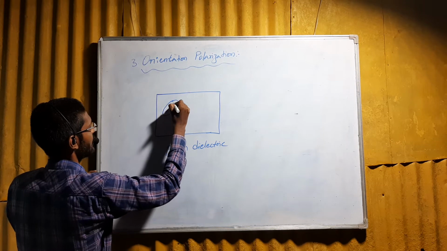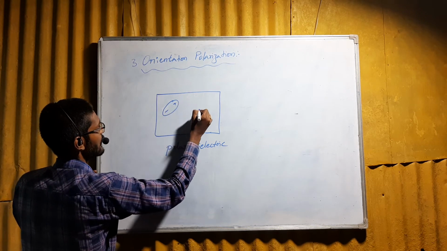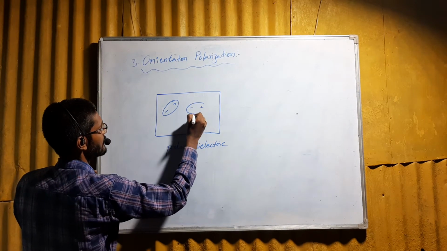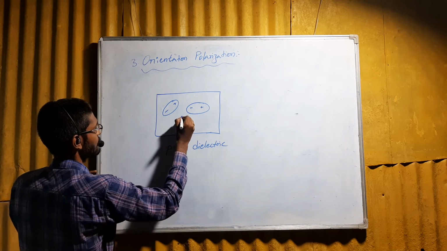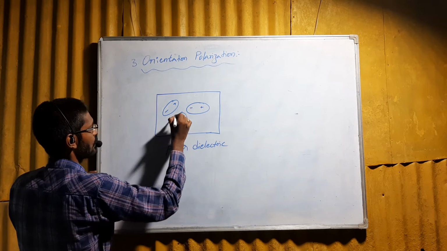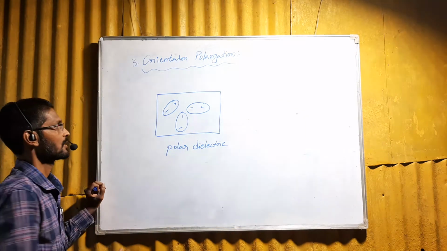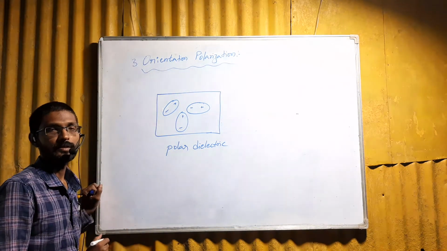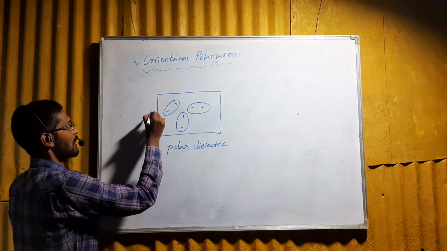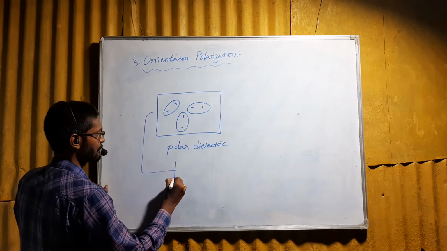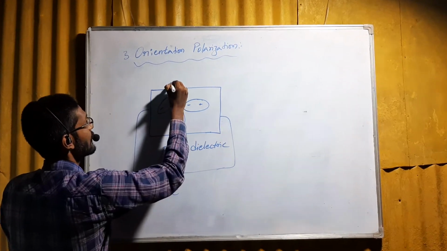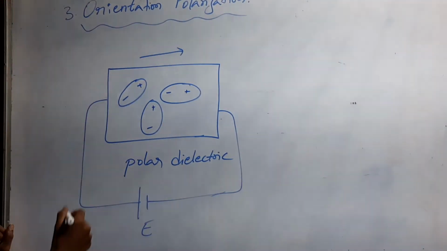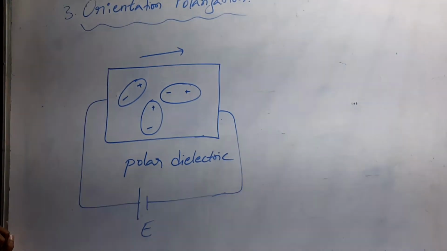Let us consider there are dipoles oriented in different directions, different orientations. As a result, the net dipole moment will be 0. On application of an electric field, the dipoles orient themselves in the direction of the electric field.